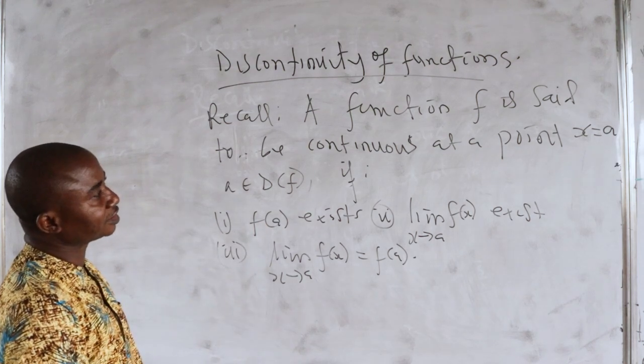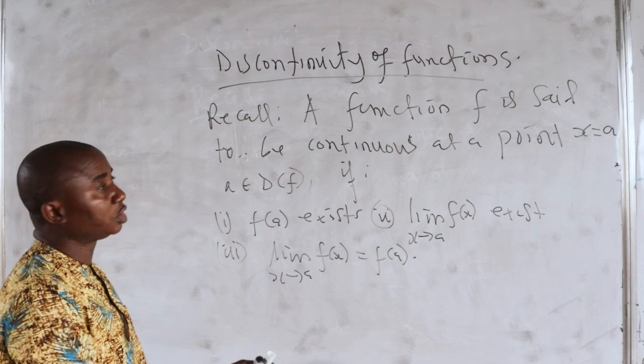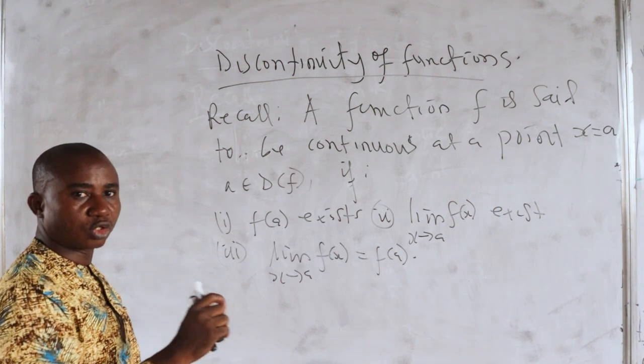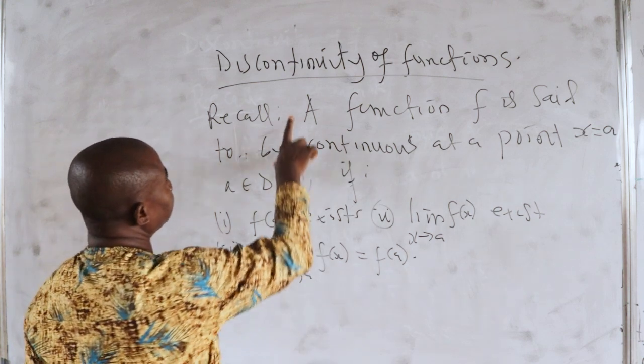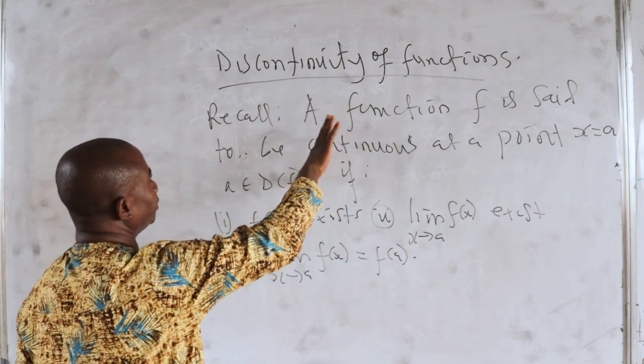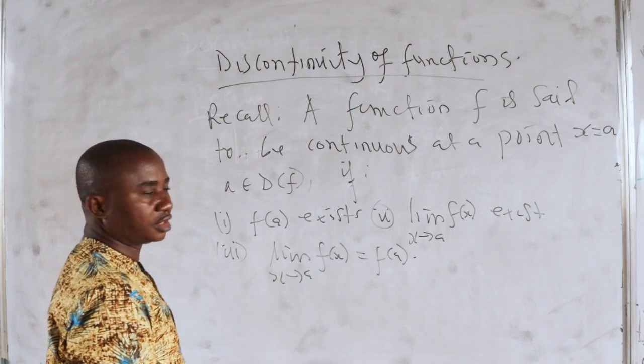So we emphasized last time in the previous videos that if any of these three conditions breaks down, we say that the function is a discontinuous function. Alright, in this video our interest is to distinguish between types of discontinuity.